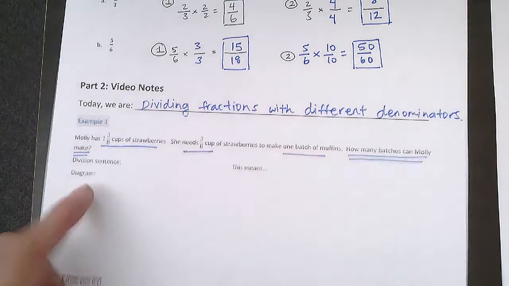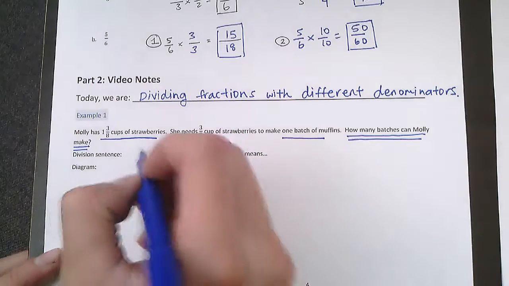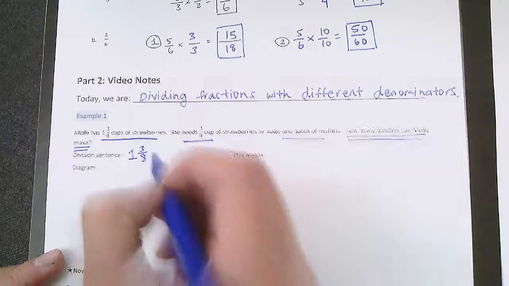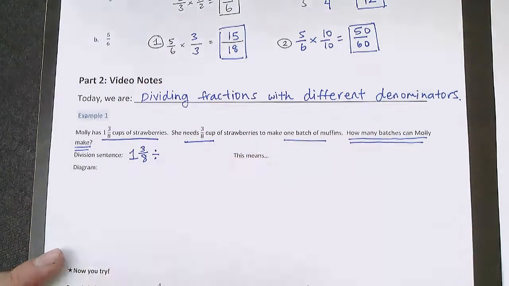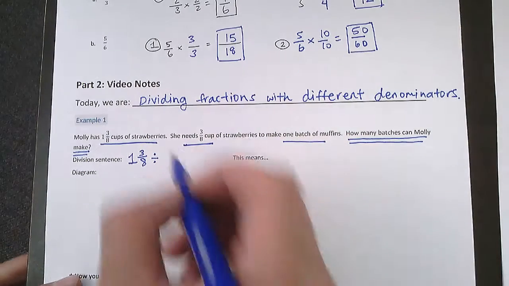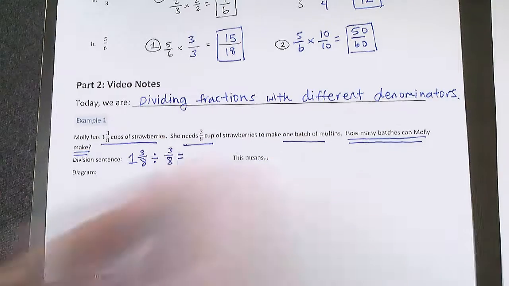So the first thing is, we're going to write our division sentence so we can think about what it is we're trying to find. Well, we have a total of 1 3/8 cups of strawberries, and then we're splitting that 1 3/8 into 3/8 cups. So 1 3/8 divided by 3/8, and we're trying to figure out what that equals.